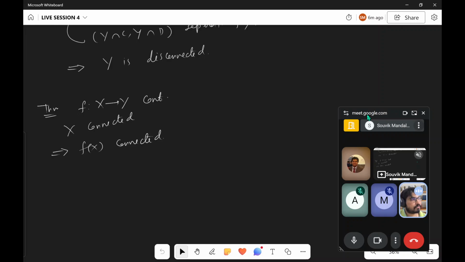For the contrapositive step, we need to assume that f of X is disconnected. From there, we need to show that X is disconnected. So let's consider U and V in the image, not Y, and we need to show that U and V are a separation of f of X.